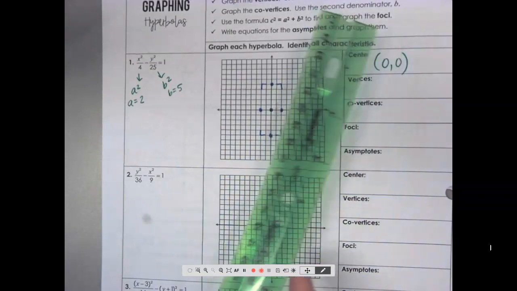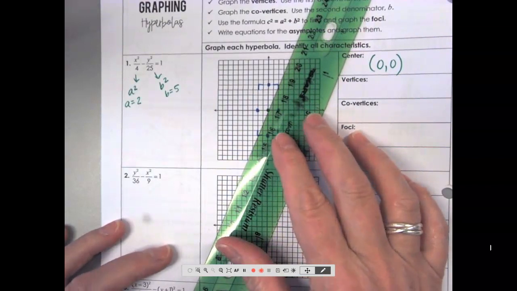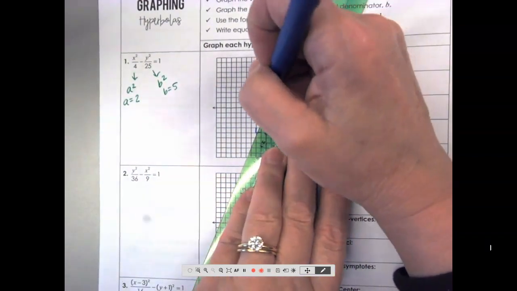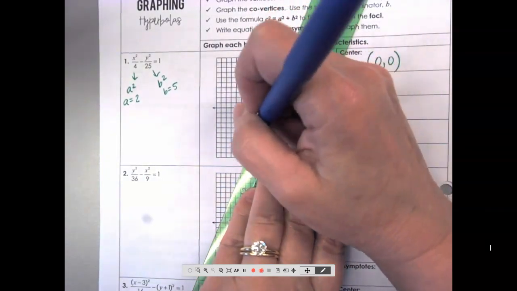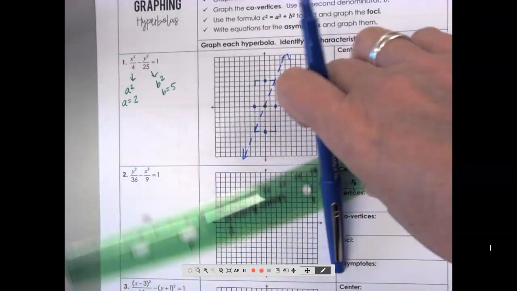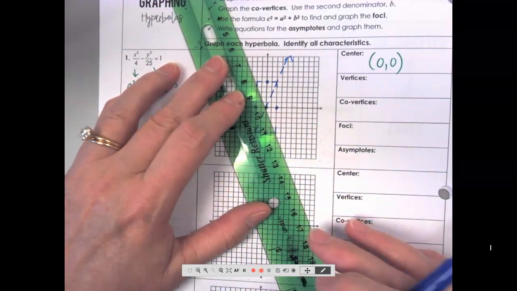So get your ruler, and I'm going to use a different color than what I'm graphing in here. Well, I'll just graph the curve in a different color. So I'm going to dot the diagonal. There's one asymptote. I'm going to dot the other diagonal, and that will be the second asymptote.